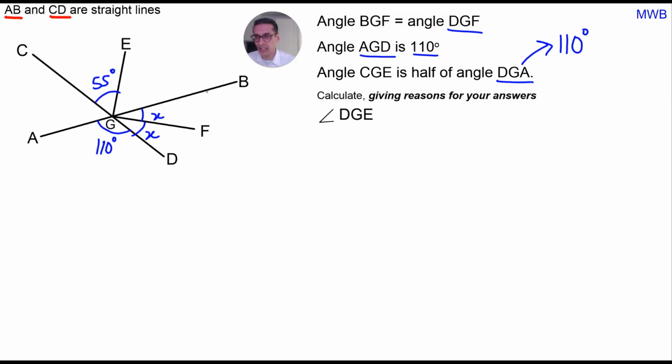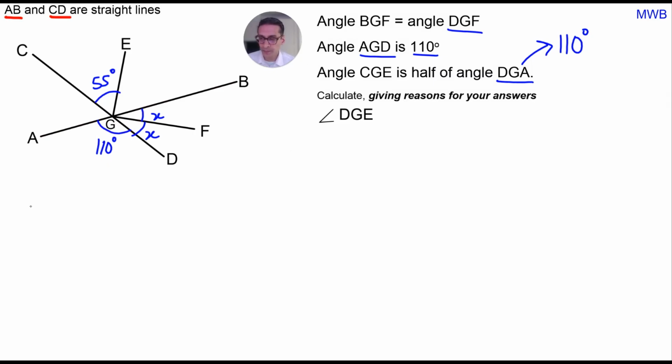You've been told that AB and CD are straight lines. So let's start off by working out angle X. We've got two of these angles, angle Xs. So if we know that this is a straight line, as it tells us in the question, then it must mean that these three angles must sum to 180. So let's work that out first.